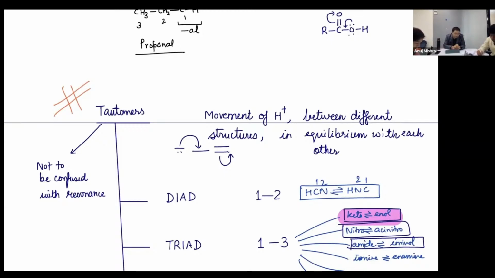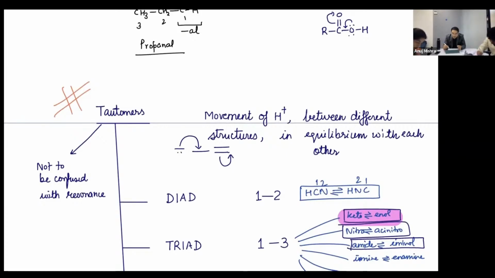Now coming to the next part, which is called tautomers. What are tautomers? Anybody write one line for it. Movement of H plus between different structures in equilibrium with each other. Basically H plus moves between different structures, and these structures are in equilibrium with each other. That H plus movement from one place to another is known as tautomerization or tautomer formation.